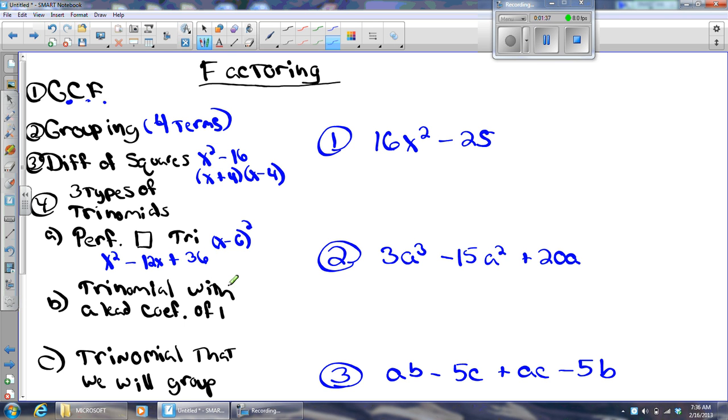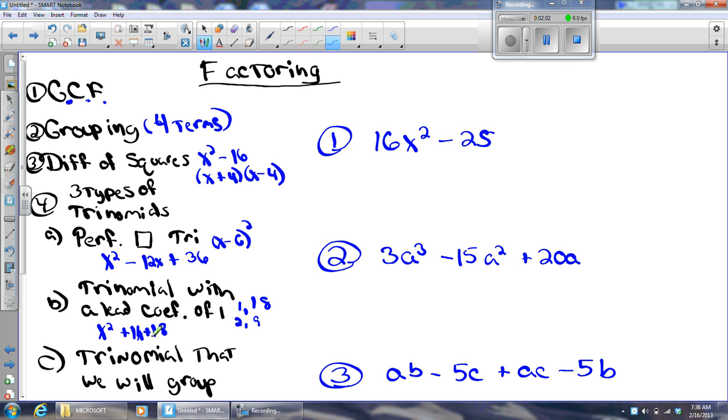All right, trinomials with a lead coefficient of 1, something like this: x squared plus 11x plus 18. That's where I list the factors of 18, right? 1 and 18, 2 and 9.